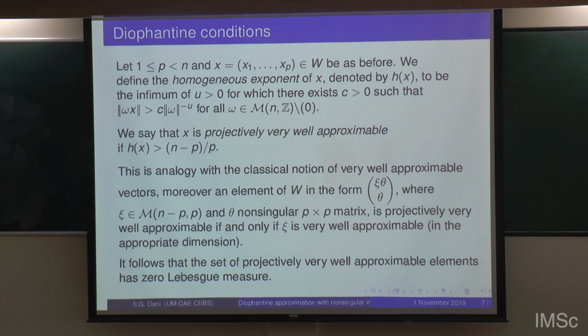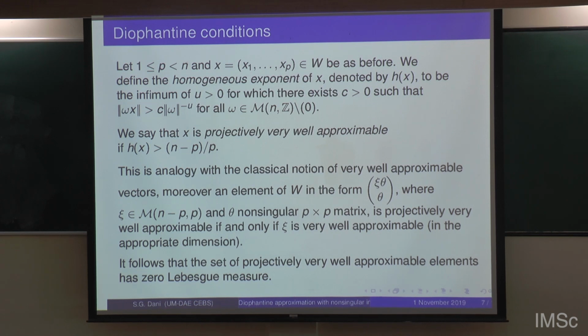So the object that we have in our case can first of all be transformed into something like this, and that is projectively very well approximable if and only if this xi is very well approximable in the classical sense. Now, being very well approximable in the classical sense, one knows that is a very exceptional behavior.